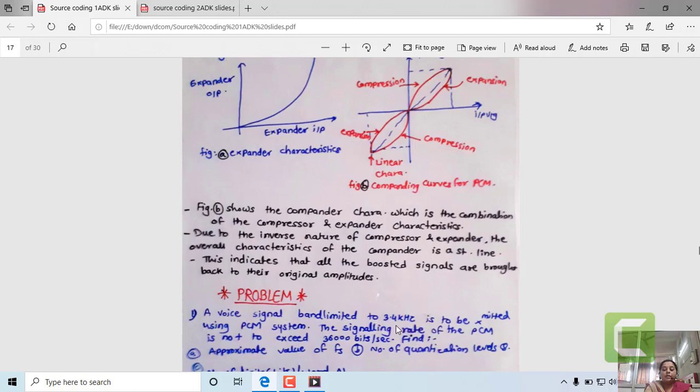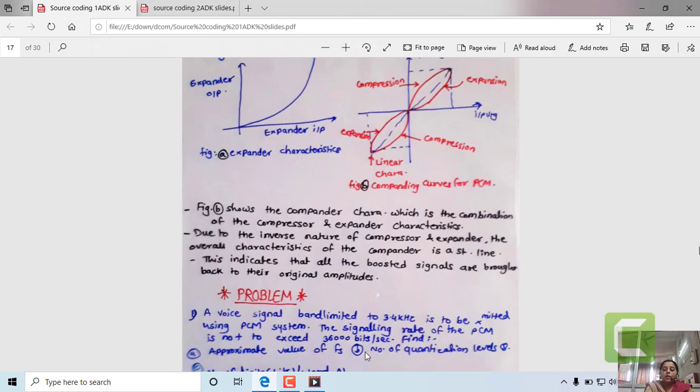Band limited means the maximum frequency observed in the signal is 3.4 kHz. The system follows PCM, and the rate of signaling is not going to exceed 36,000 bits per second. So this is the given information for the system.